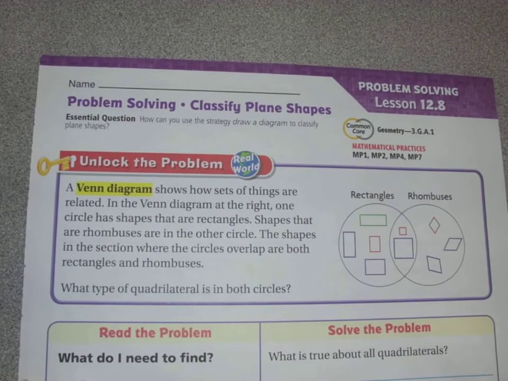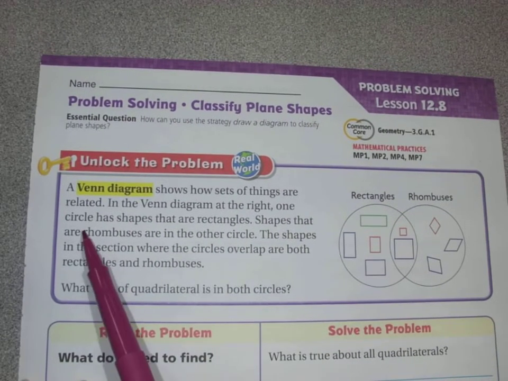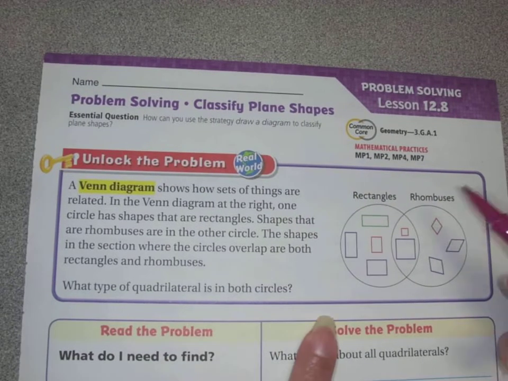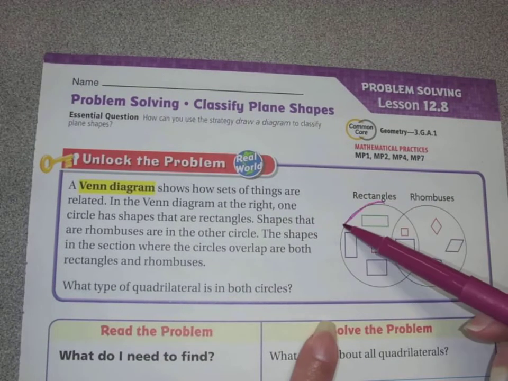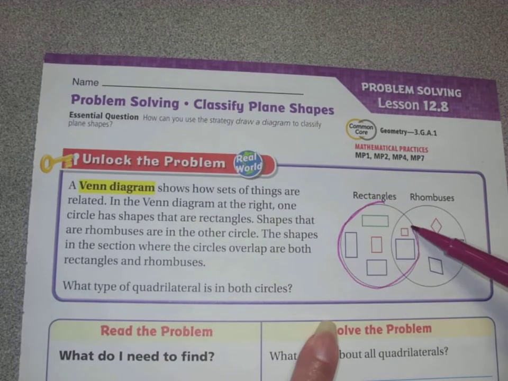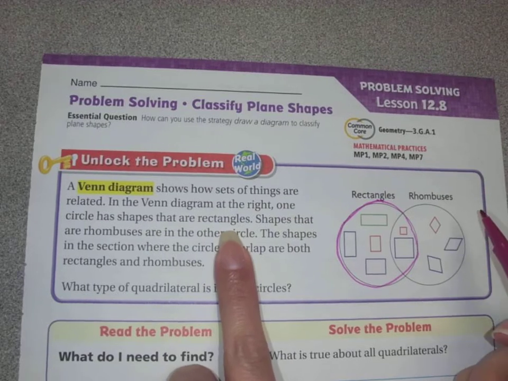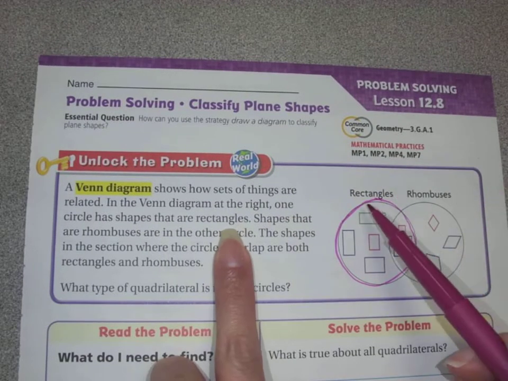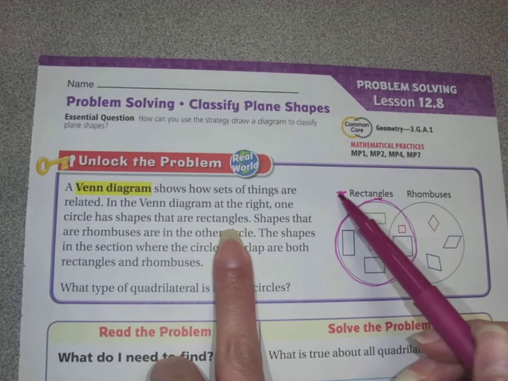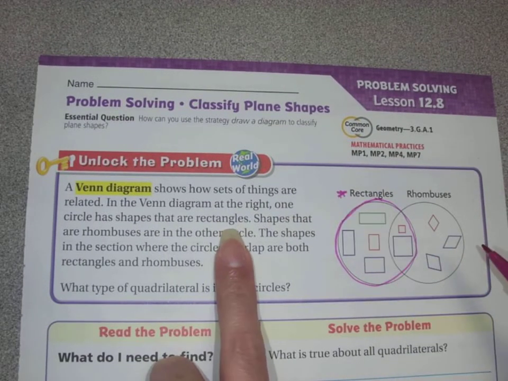In the Venn diagram at the right, this circle has shapes that are all rectangles. And you know that, boys and girls, because it's labeled right here, rectangles. Notice how rectangles is the title above this large circle.